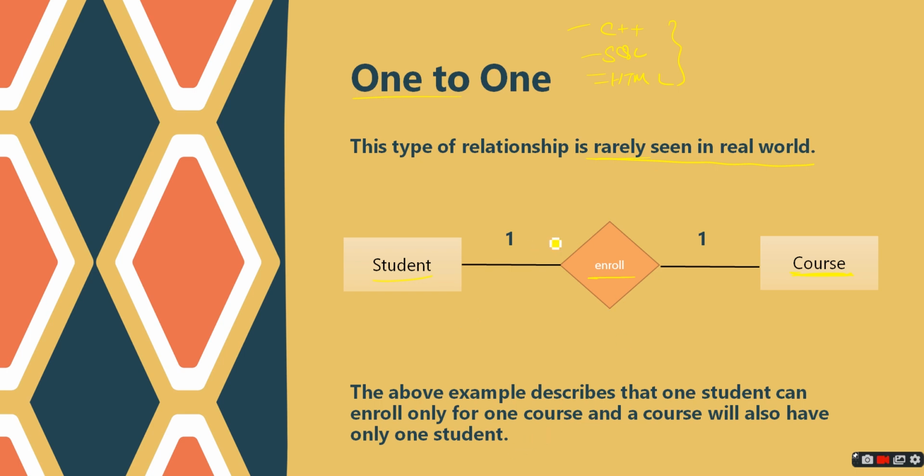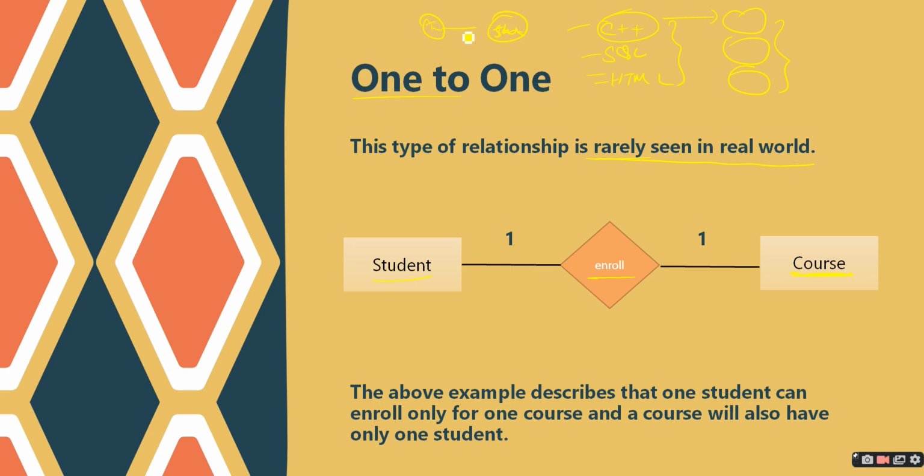So this figure describes that one student can enroll for only one course, and a course will also have only one student. Let's say in C++ we have 2, 3, 4, 5; there can be many students, right? It is rarely seen that one teacher teaches only one student.